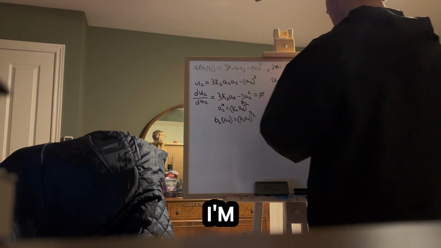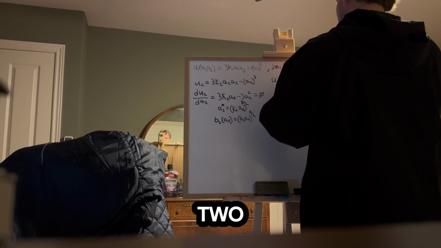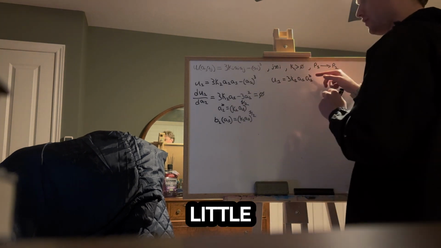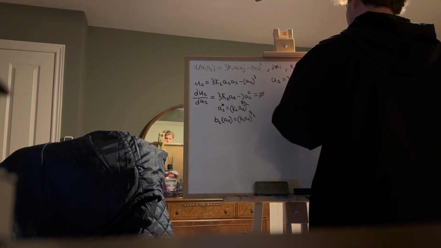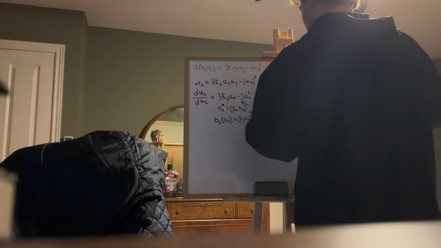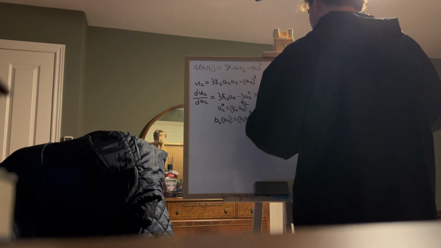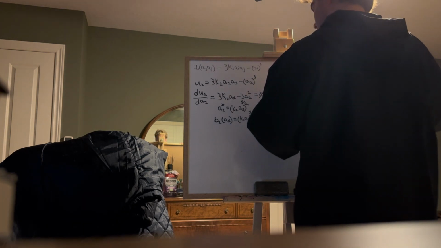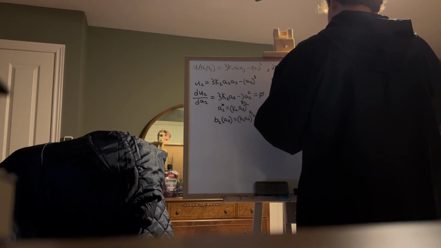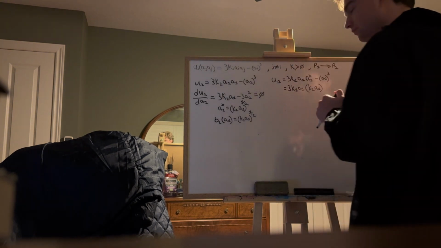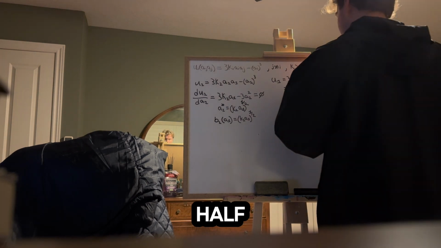But I'm just going to put A2 little star there for now, and then we're going to change it later. And by later, I mean right now. And this to the power of 1/2.